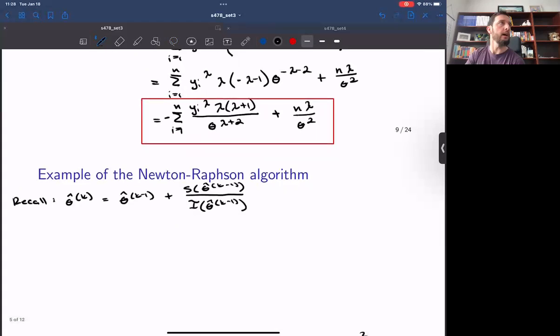Okay, so we already have the score function. What we need is the information function for theta.